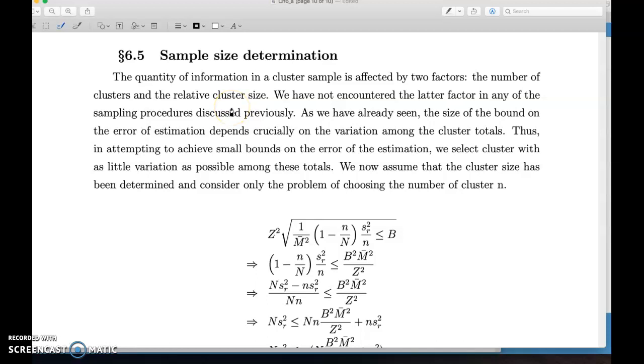Most of the time we assume we have no control on the cluster size, so the mi, we cannot choose that. The only thing that we can choose is how many clusters to include in our sample. So under the sample size determination section, we'll look at how many clusters we want to sample given a certain bound of error.